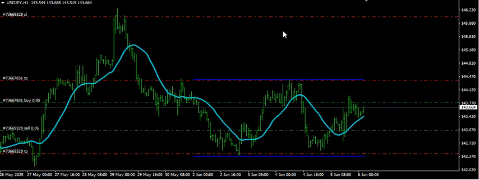This moving average and the support resistance is enough for this strategy to work.